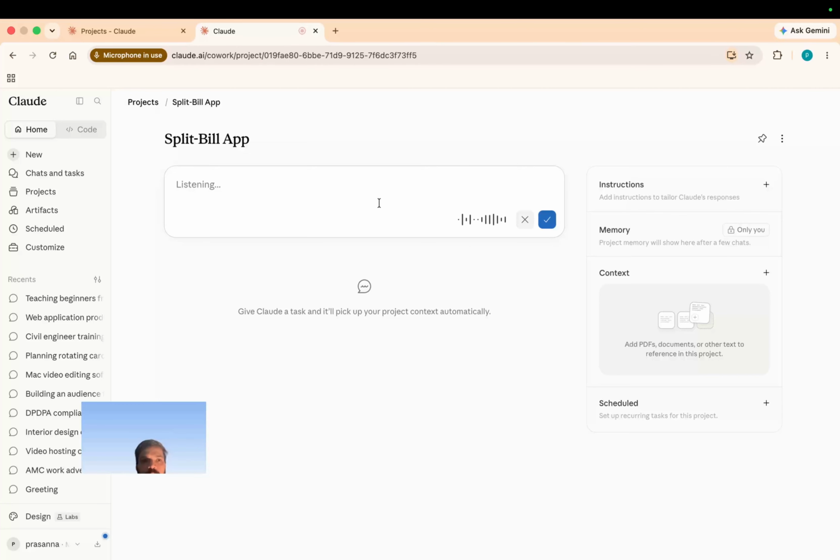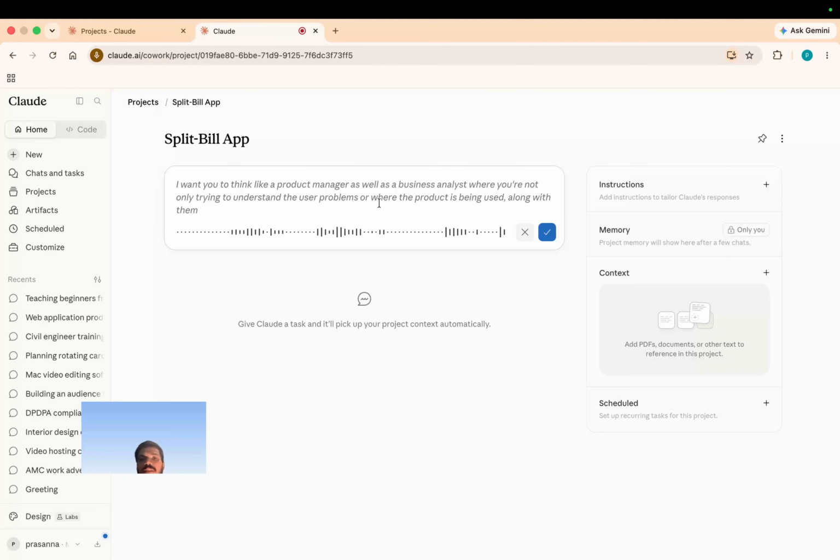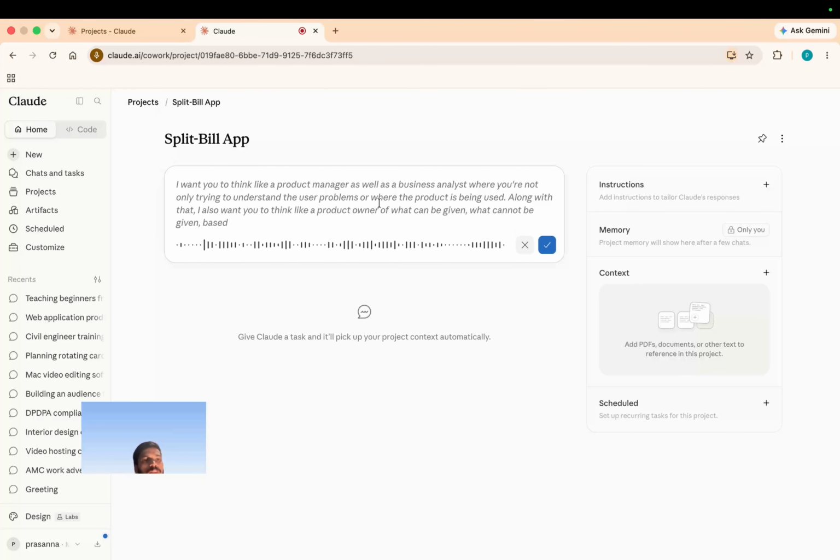Now, I want you to think like a product manager as well as a business analyst, where you are not only trying to understand the user problems or where the product is being used. Along with that, I also want you to think like a product owner of what can be given and what cannot be given based on the different feasibility.